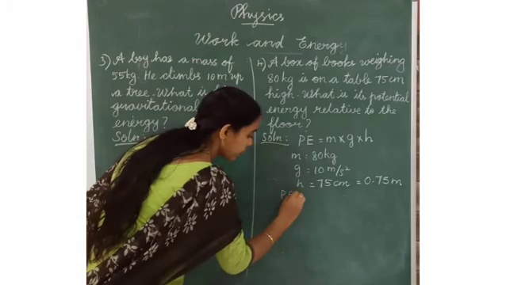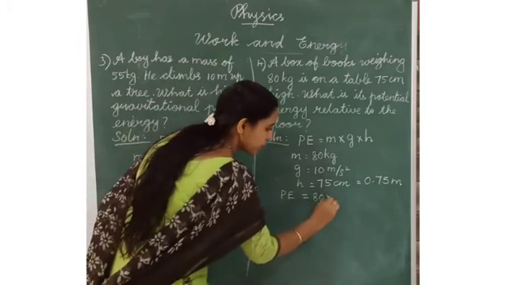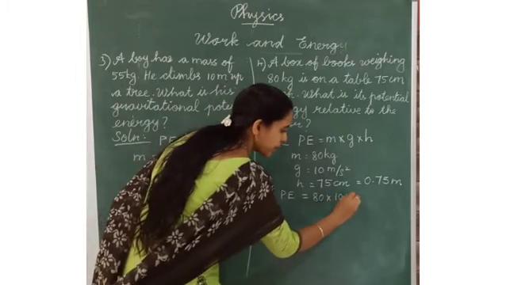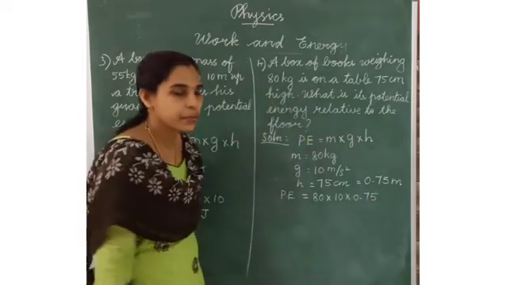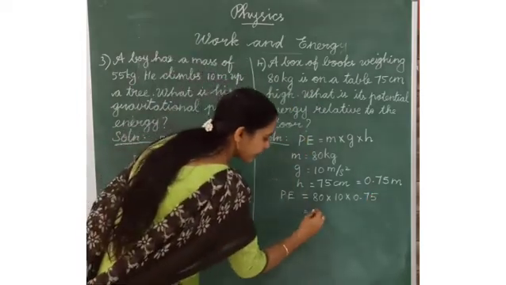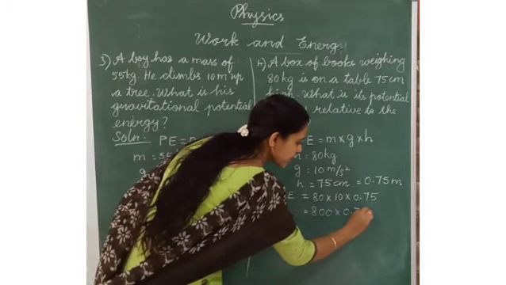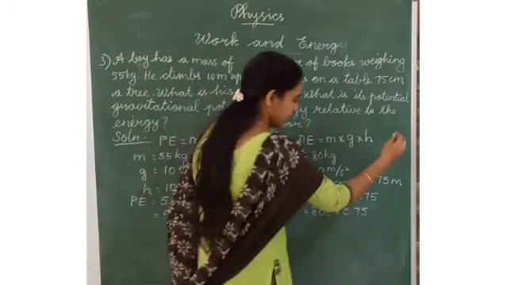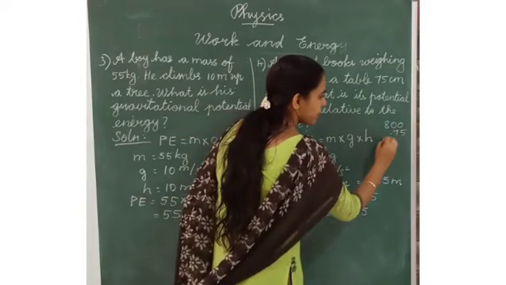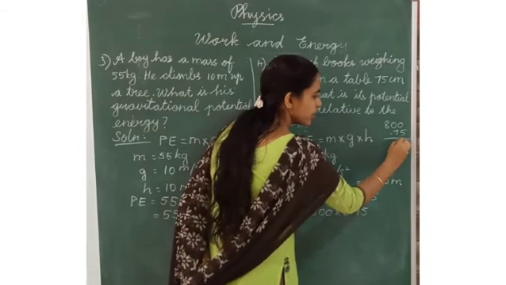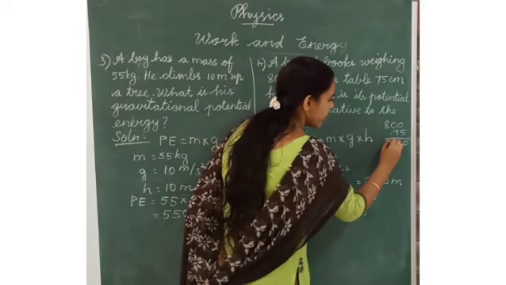Now substitute the value. Potential energy is equal to 80 into 10 into height, 0.75. Multiply these numbers. 800 into 0.75. 5 8s are 40.